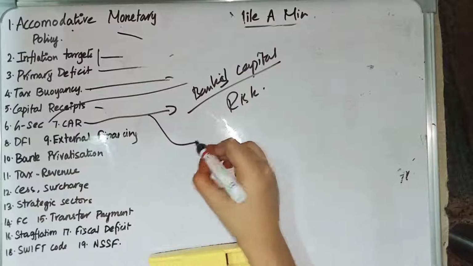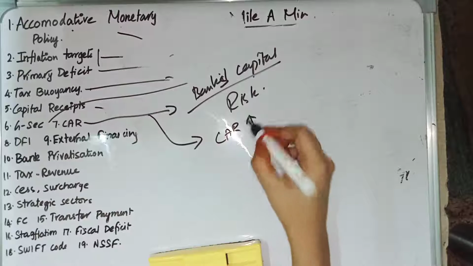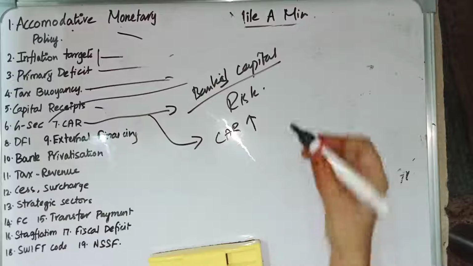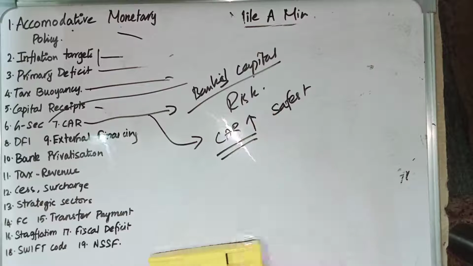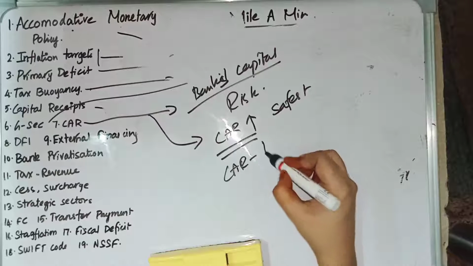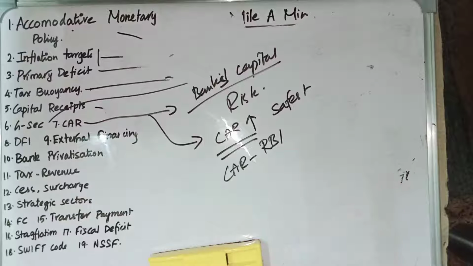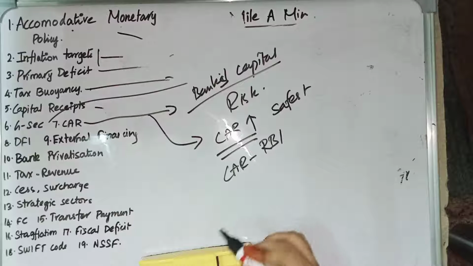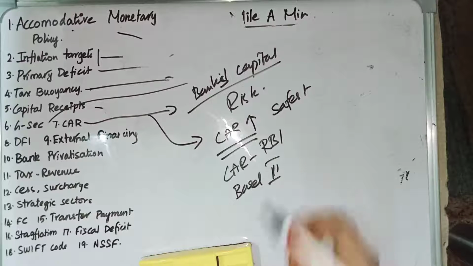The thing you should note in capital adequacy ratio is, if the CAR is high for a bank, then it is considered the safest bank. Capital adequacy ratio is fixed by the Reserve Bank of India, and it is suggested in the Basel III banking norms also.